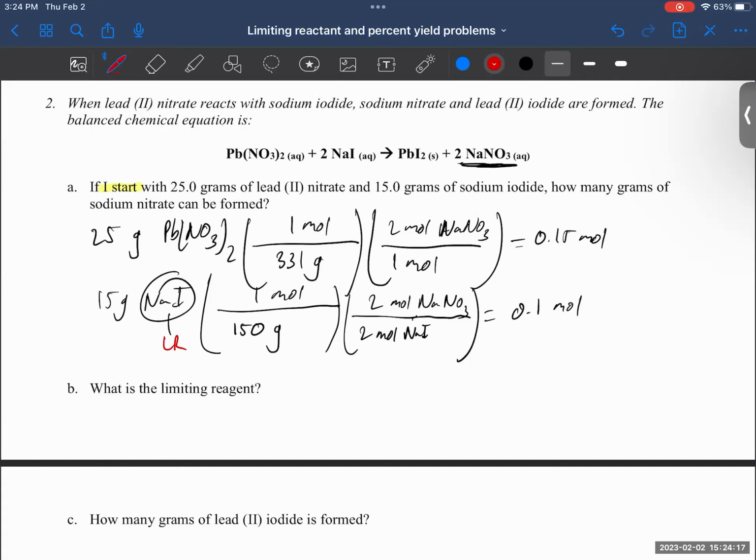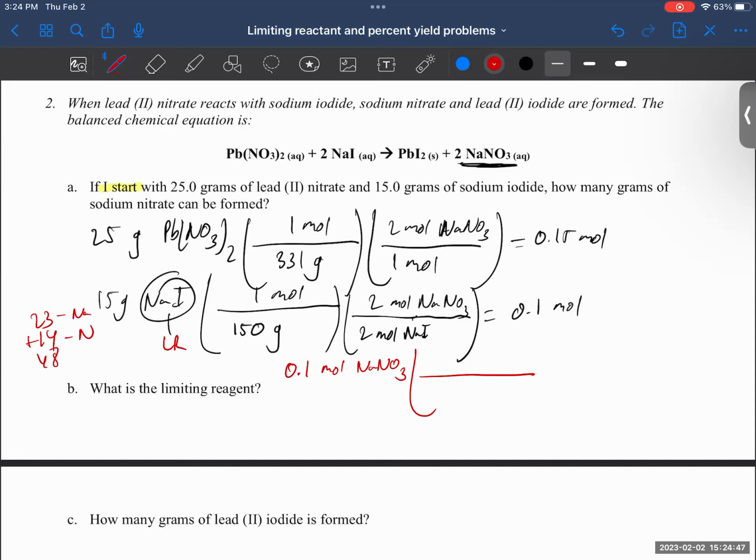So now that we found our limiting reagent, we can go 0.1 moles of sodium iodide. And then we can say, okay, how many grams of sodium nitrate can be formed? Or this should be sodium nitrate, my bad. 0.1 moles of sodium nitrate. And then from the grams, we can just use our molar mass. So this is 23 for sodium, plus 14 for nitrogen. So Na, N, and then 3 oxygen, so that's 48.